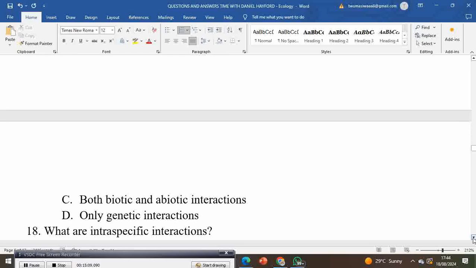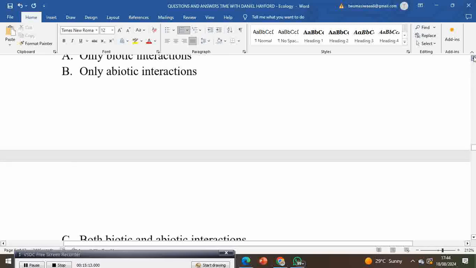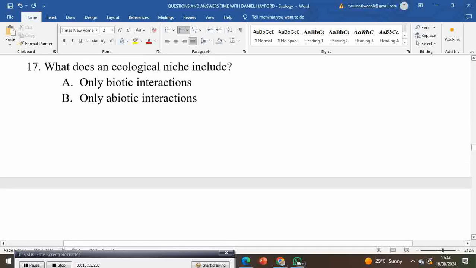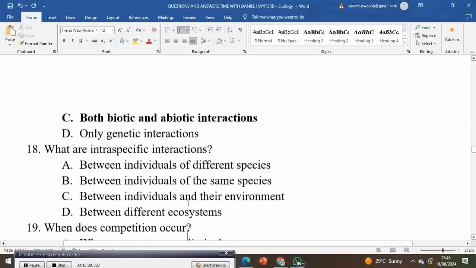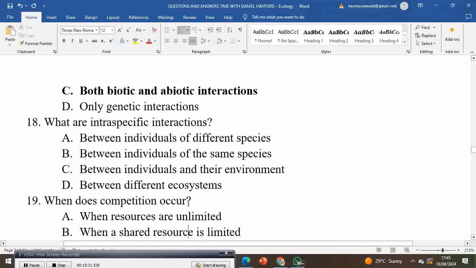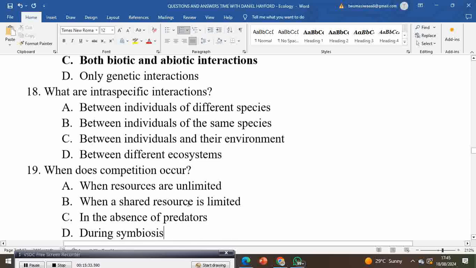So question number 17, which one is your best shot? An ecological niche includes both biotic and abiotic interactions as organisms strive to meet their needs for survival.